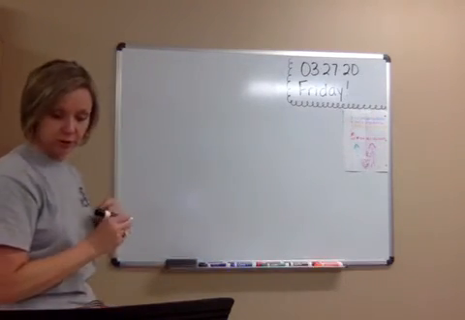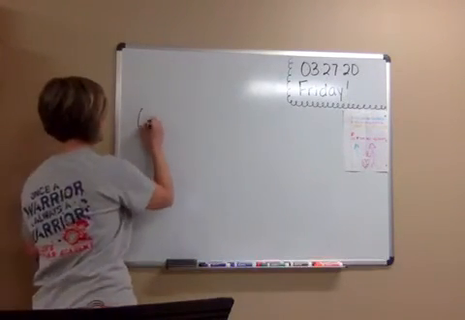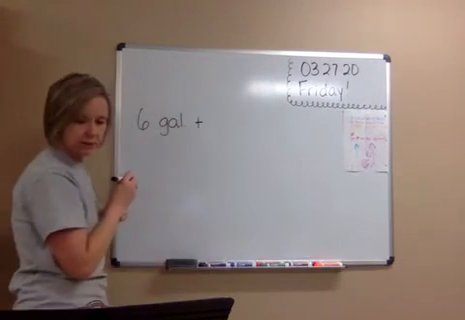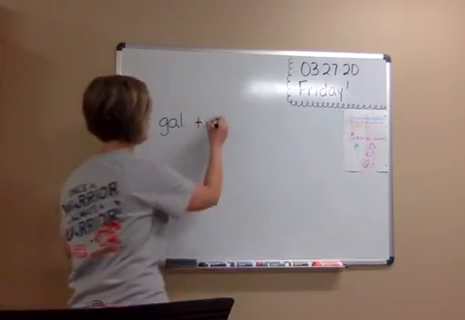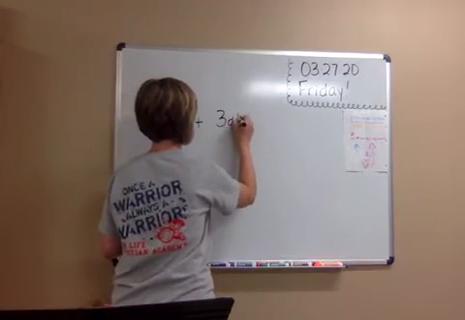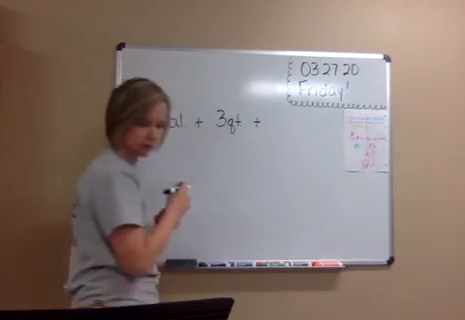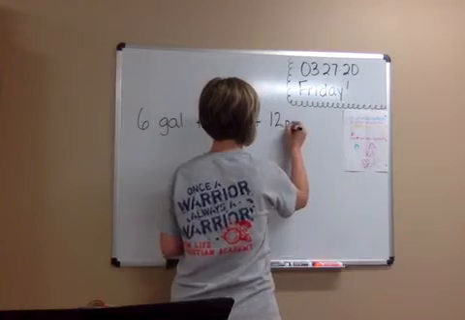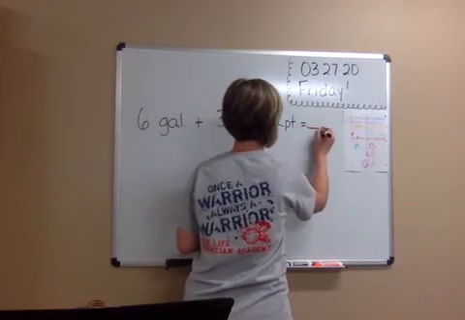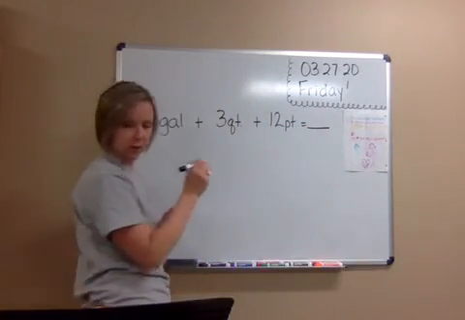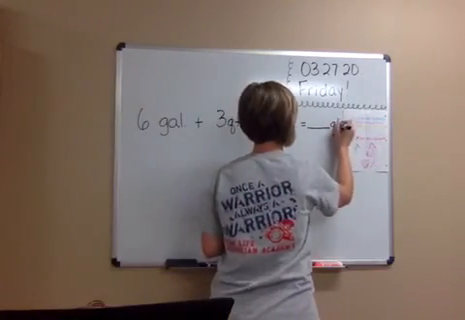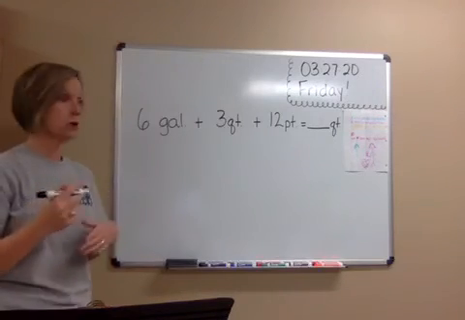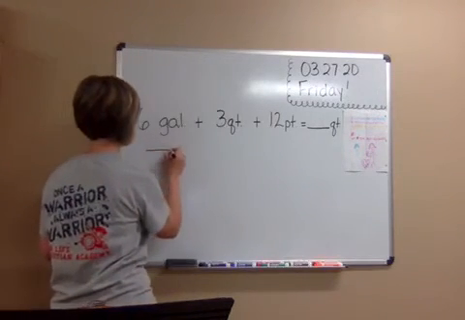So I want you to be able to get started here, but then see if you can. 6 gallons plus 3 quarts plus 12 pints equals, get to the end here, blank quarts. Okay? So what are we solving for? We're solving for quarts. So I'm going to bring my quarts under.